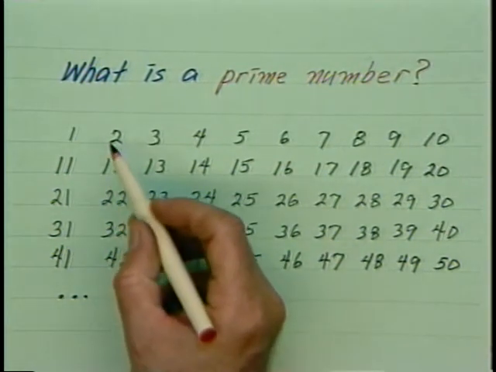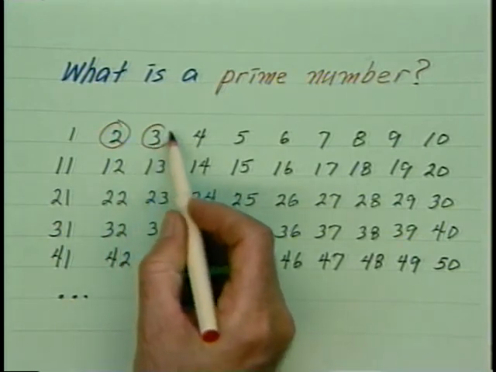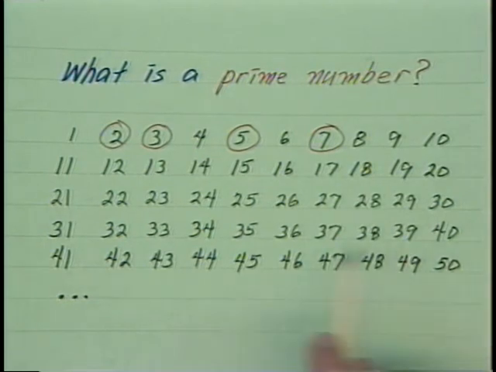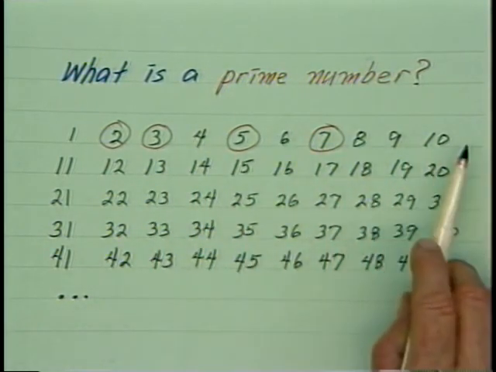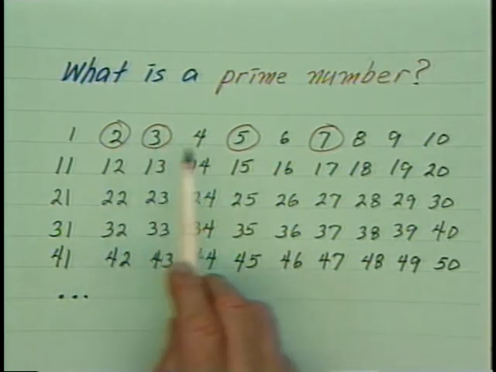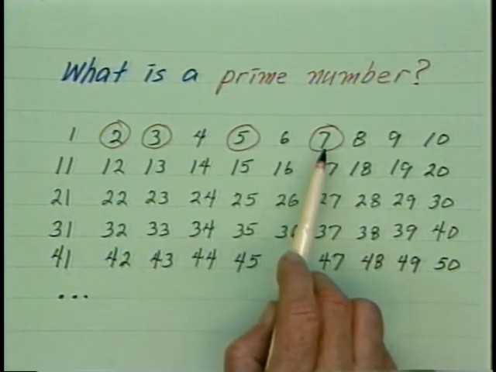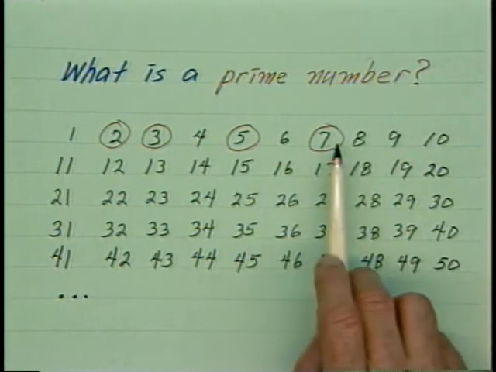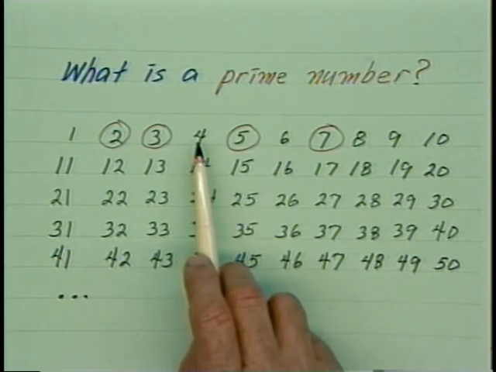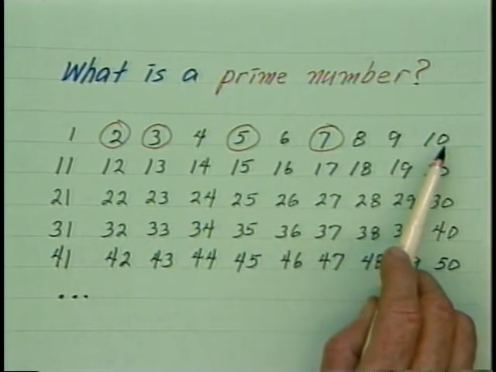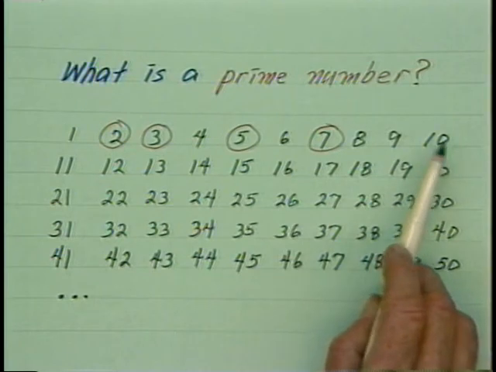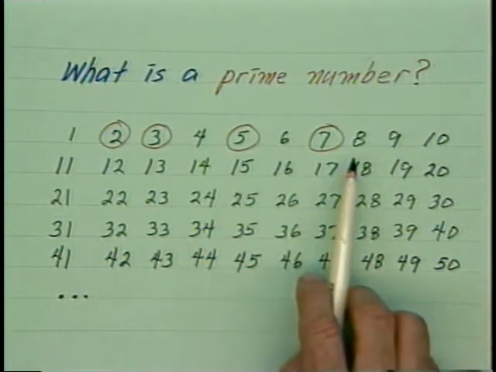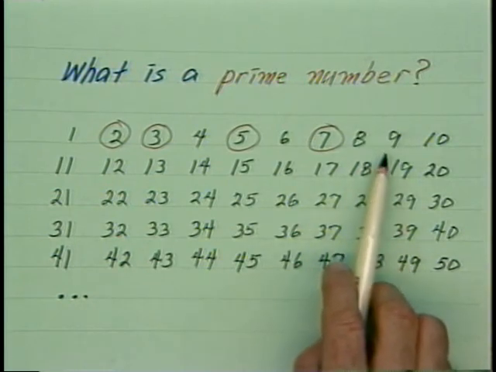But recall that some numbers like 2 and 3 and 5 and 7 in the first row are different from the others in that you cannot divide any of them evenly by anything except itself and 1. Those we called prime numbers. The other numbers, 4, 6, 8, 9, 10, we could divide by another number other than itself or 1. We can divide this by 2, this by 2 or 3, this by 2 or 4, this by 3, this by 2 or 5.